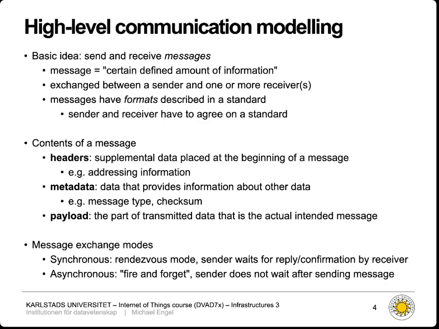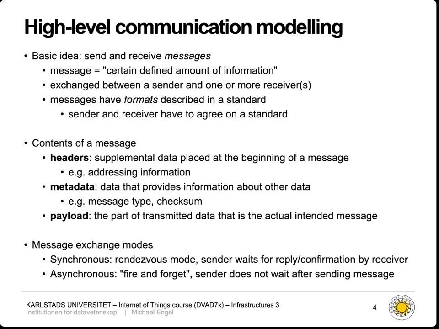So a message consists of several parts. A message has a header or several headers. Headers are supplemental data which are placed usually at the beginning of a message. This could be addressing information, or as we can see later on, a topic of a message. So we can categorize messages according to different topics. We might have metadata in a message. Metadata is data about data.